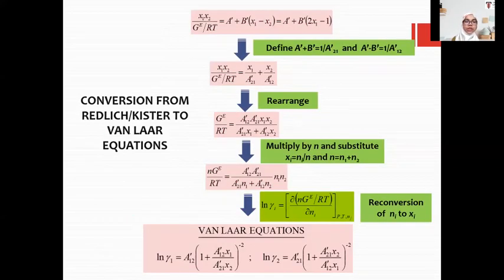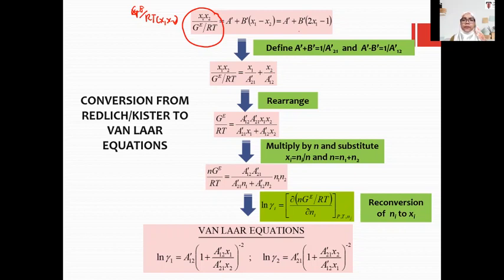Finally, these are the expressions for both components in determining the activity coefficient gamma. We move to the next, the Van Laar equation. The conversion from Raoult's law to the Van Laar equation is described based on this flow. Since the Van Laar is the opposite of the Margules equation, for the Margules equation we have GE over RT times x1 x2, but for the Van Laar we have the opposite, the composition over the excess Gibbs energy.